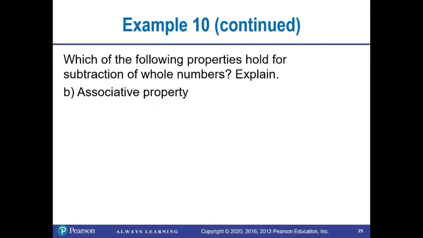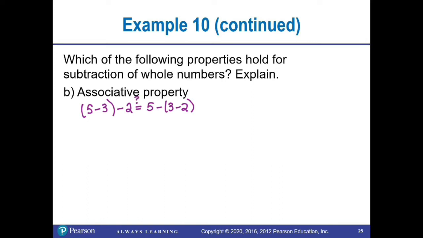What about the associative property? If you remember, our associative property changes the grouping. So let's look at some changes in grouping. Let's suppose I have 5 minus 3, quantity, minus 2. I want to know if that's equal to 5 minus, and then I have the quantity 3 minus 2. So notice I've changed the numbers that are grouped together.